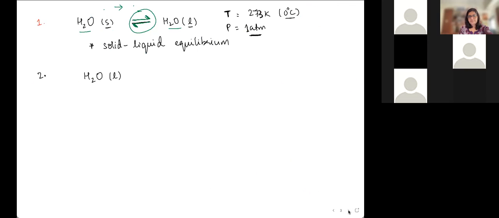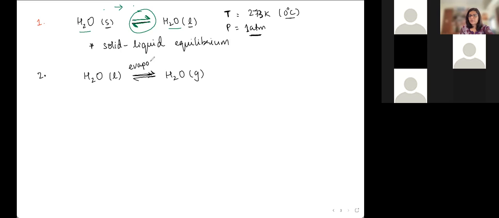All right. Okay, the next process, H2O liquid, H2O gas. So this process is different from the previous one in that this can happen at any temperature, because liquid to gas conversion can happen during evaporation.